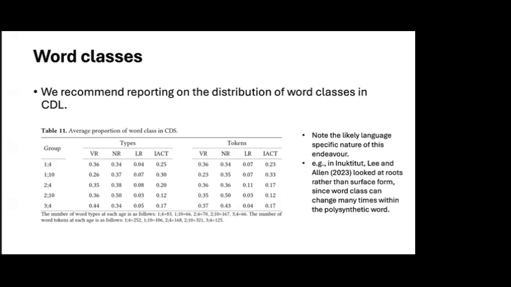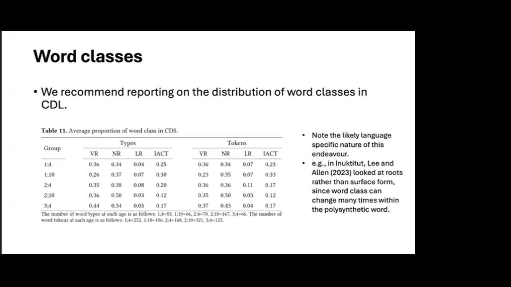So in the Inuktitut sketch, they looked at roots rather than the surface form, since word class can change many times within the polysynthetic word. The important thing here is for verb roots and noun roots, there's an equal distribution. So 36% of types, for instance, when children were 1 year and 4 months, and 34% noun roots for types at the age of 1;4.